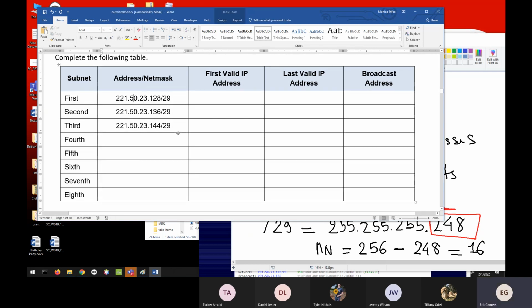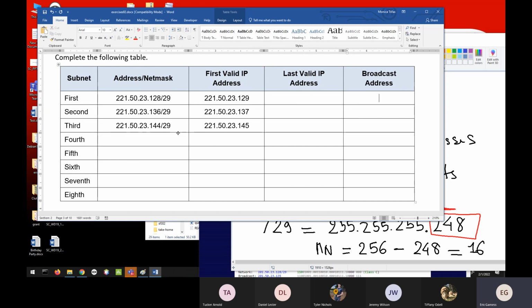Okay. So if I do the first valid, give me 129 here. 136 plus 1 will be 137 and 145. If I do the last valid, the broadcast address.